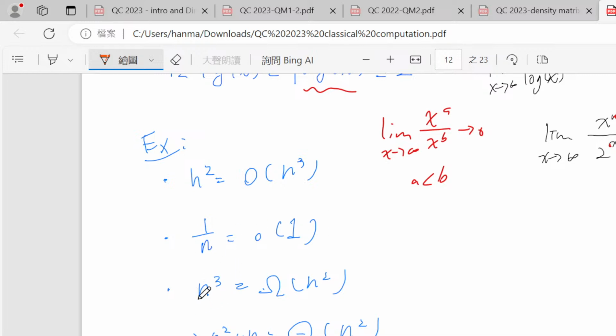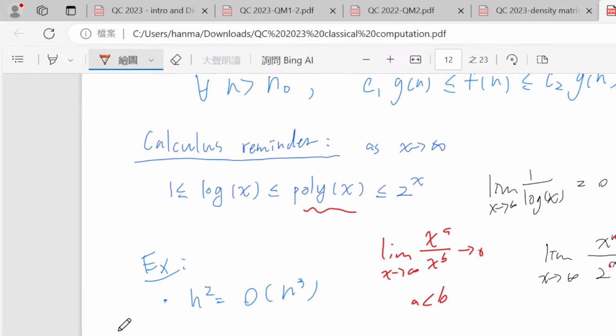And n cubed is bigger than n squared, so n squared is a lower bound of n cubed. Then for a polynomial like 2n squared plus n, you can find the big theta really easily: you just find the highest order, so it's theta of n squared.